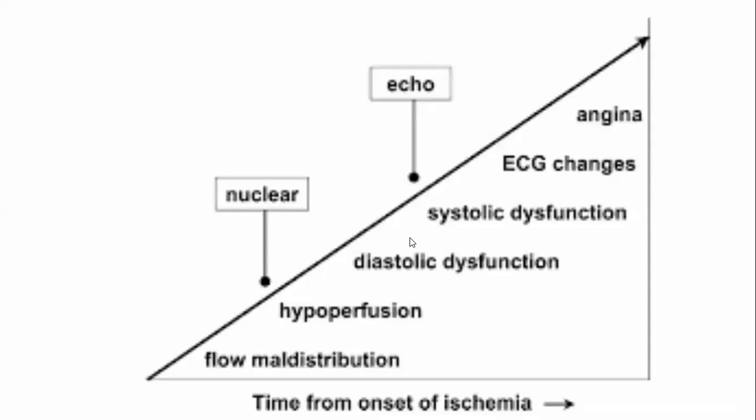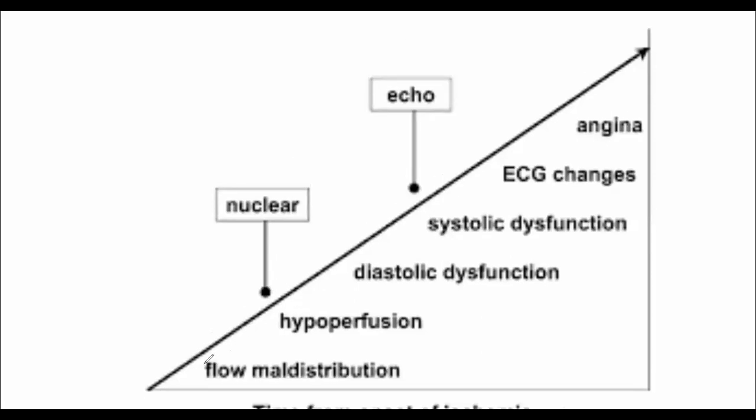And one thing, this flow chart, I hope you know, is called the ischemia cascade. In this ischemia cascade, as the process of ischemia begins with blood flow distribution, the first thing after some biochemical changes inside the cell is a perfusion defect.